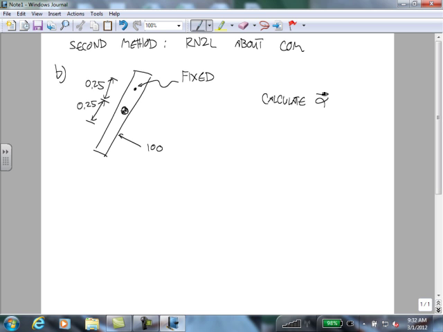Okay. So first, we can calculate the moment of inertia about the center of mass. This is a rectangle. This distance here is, what was it, 0.2, I think.